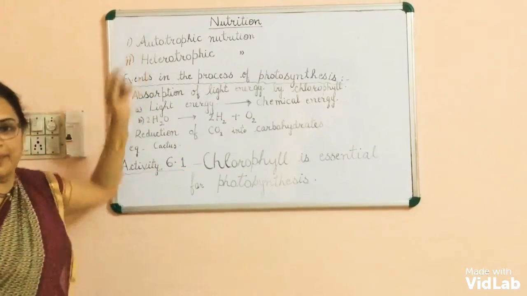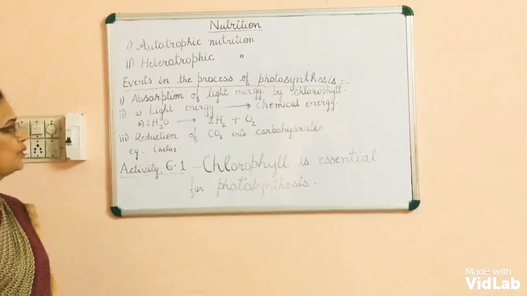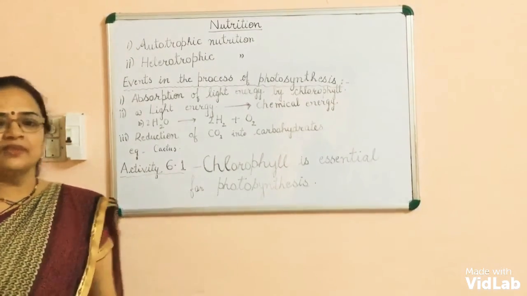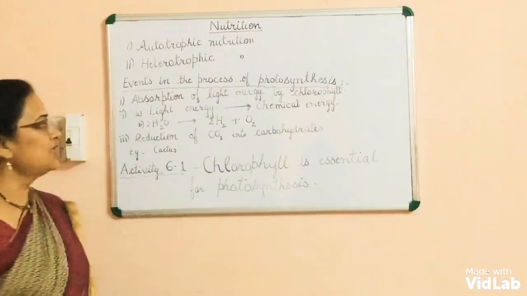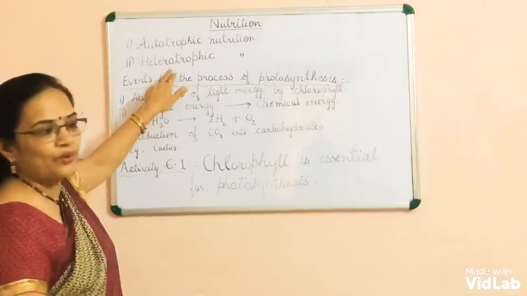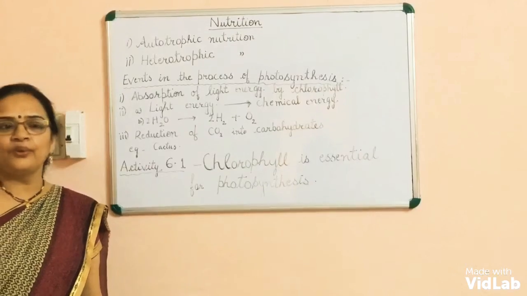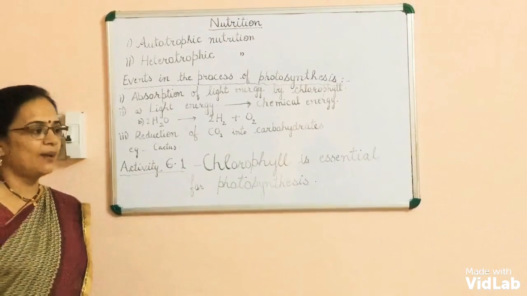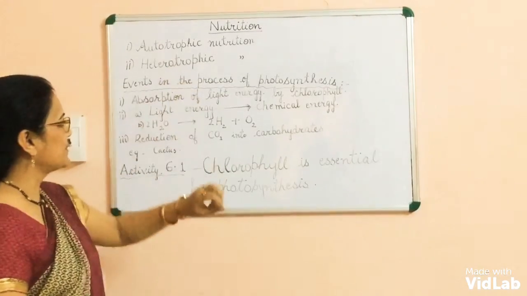Now heterotrophs. The organisms which cannot manufacture their own food and depend on autotrophs for food are known as heterotrophs, and such nutrition is known as heterotrophic nutrition. Examples are animals and human beings.